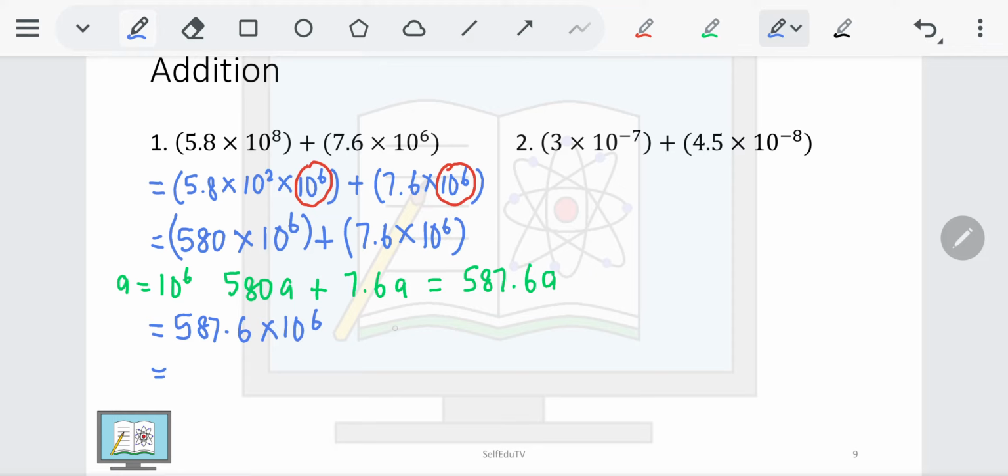Okay, so please take note that this is not in standard form. So you have to change it to standard form.